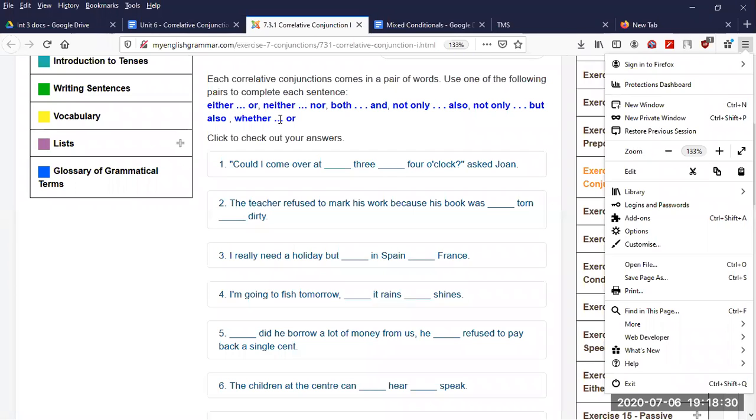If there are two things that we don't want to do or don't want to have, then we use neither nor. If there are two things that we have and we want to do both, we want to do them both equally, then we use both and.